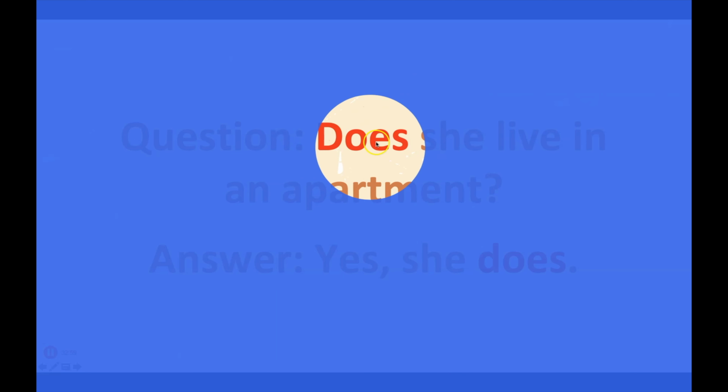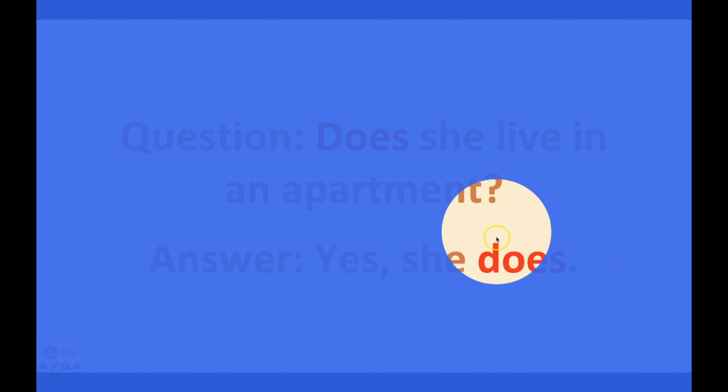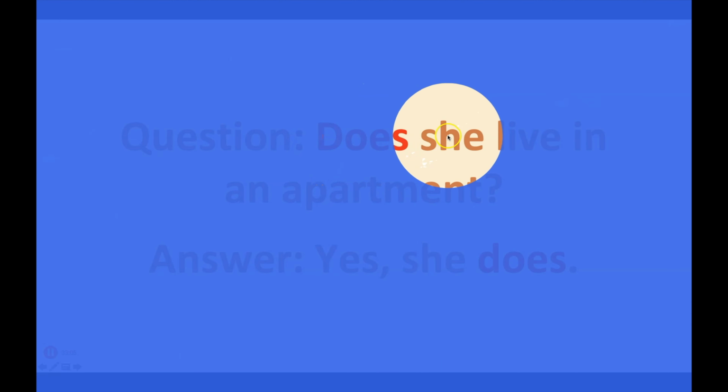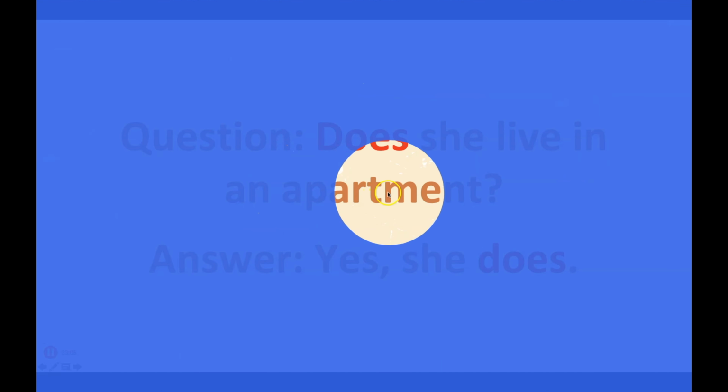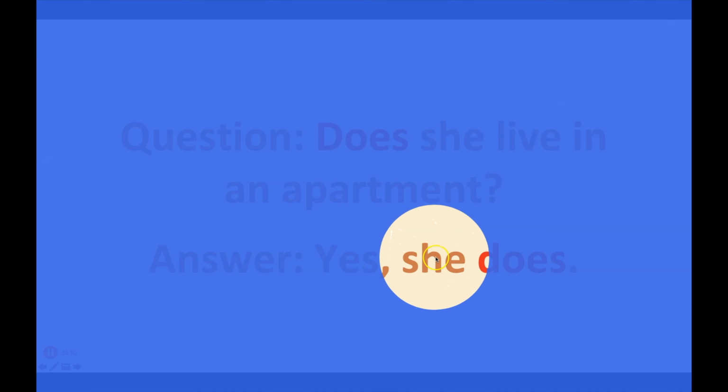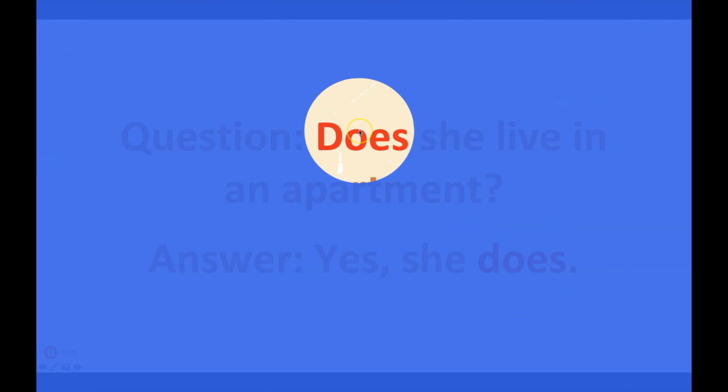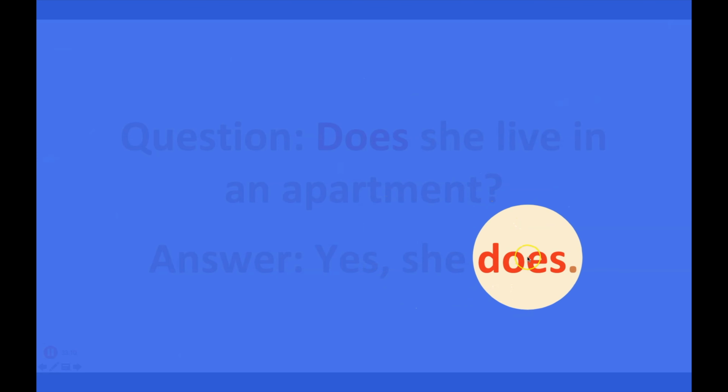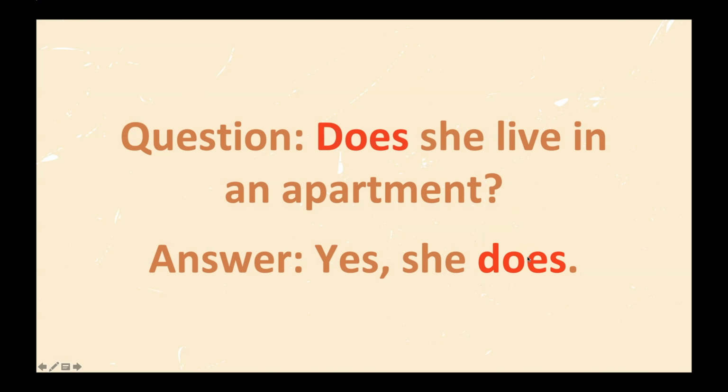So notice here, does is in the question, does is in the answer. Does she live in an apartment? Yes, she does. Does in the question, does in the answer.